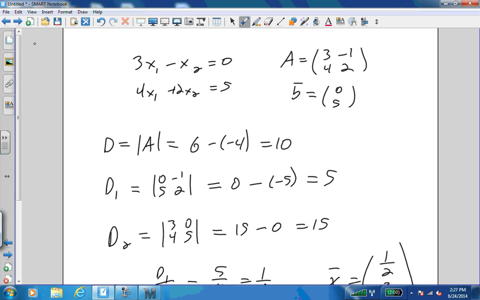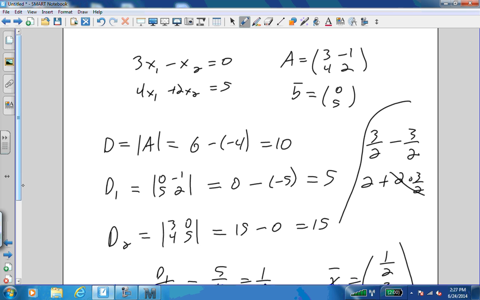Let's check that real quickly. If we substitute 1/2 in, 3 times 1/2 is 3/2, minus 3/2, which is 0. If we substitute 1/2 in here, 4 times 1/2 is 2, plus 2 times 3/2. The 2's cancel, so 2 plus 3 is indeed 5.